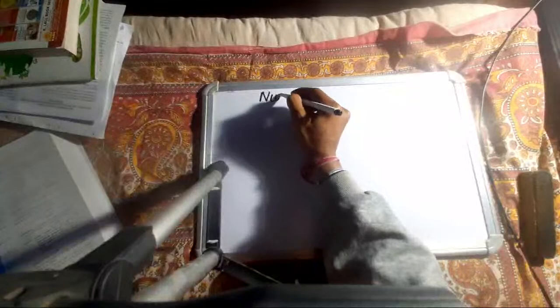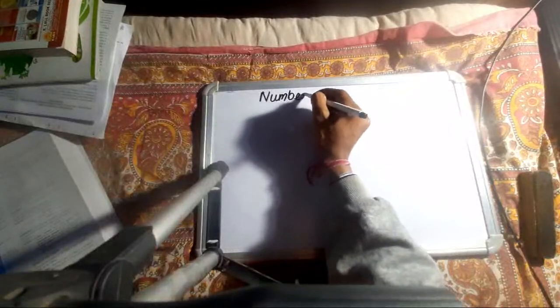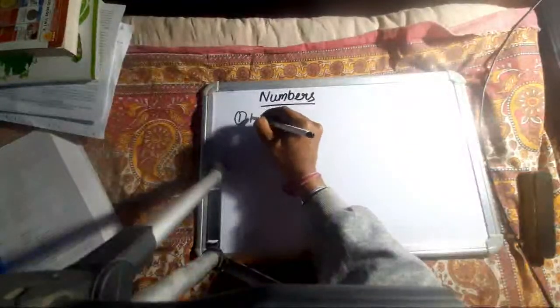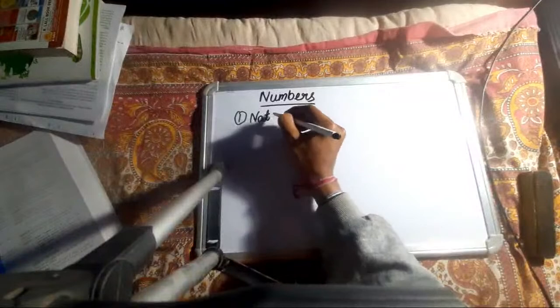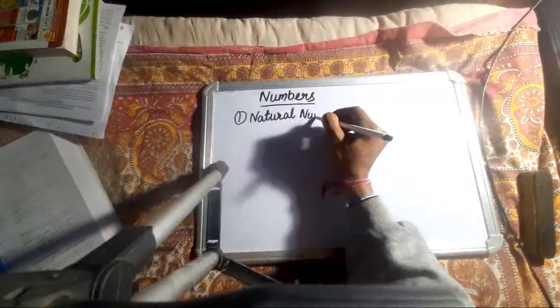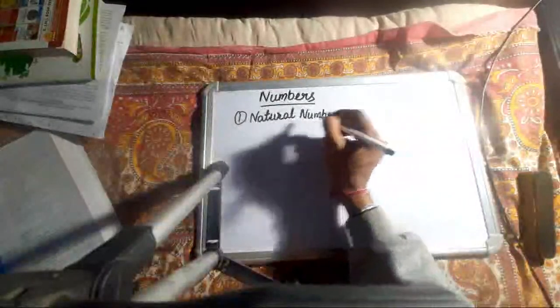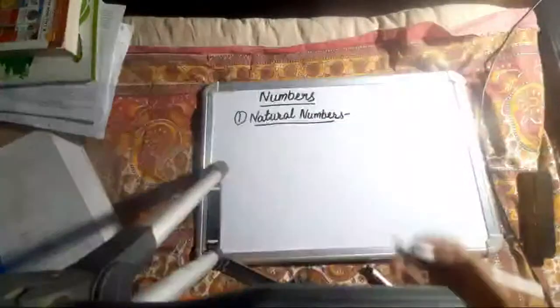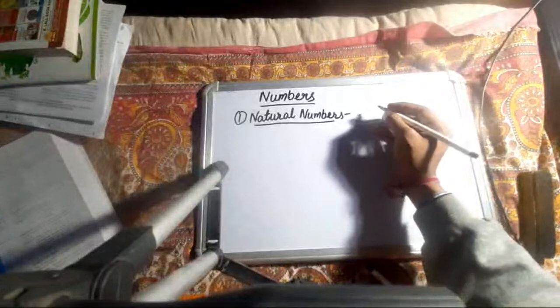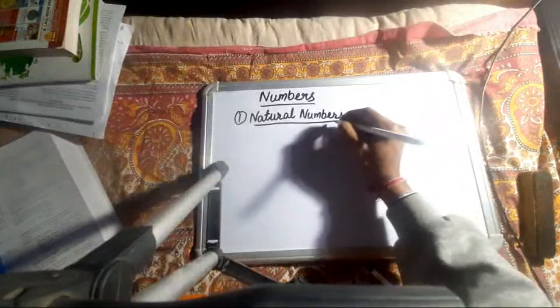So coming on to a few numbers. Our first number is natural number. What are natural numbers? All counting numbers starting from 1 up to infinity are called natural numbers.